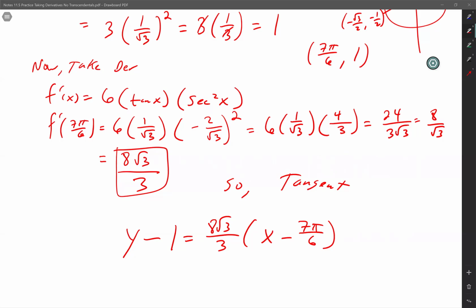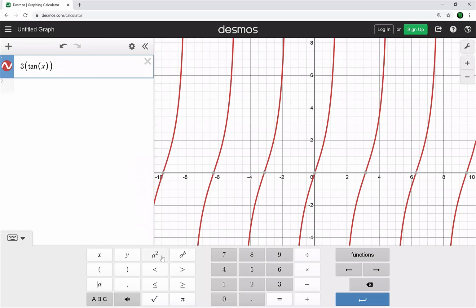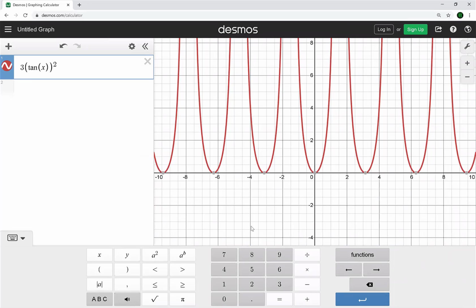Travis. Yes, ma'am. Oh, I'm not sharing. Sorry, guys. I'll share it right now. Okay, now can you see? Yes. All right, so there's my function. And I wanted to call it f of x.